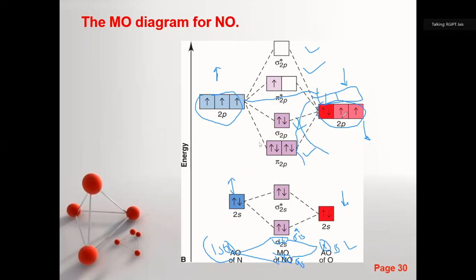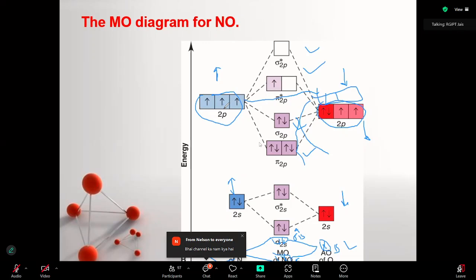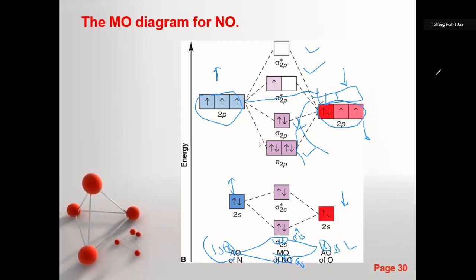But according to VBT, the atomic orbitals which have similar energy, after combination with bonding, can give molecular orbitals of the same energy. This is the main difference between MOT and VBT.